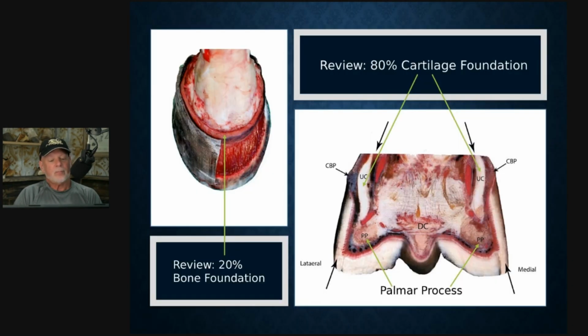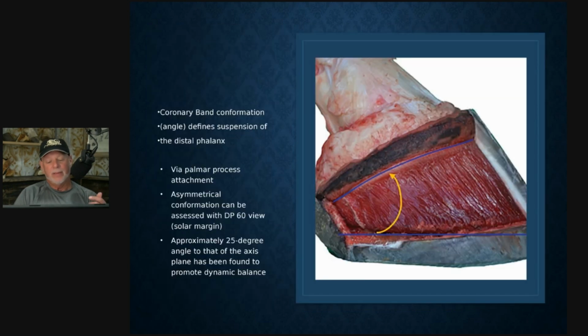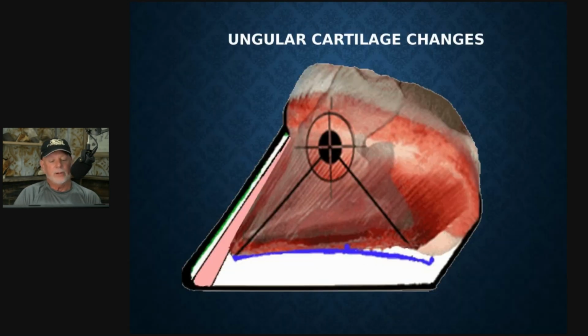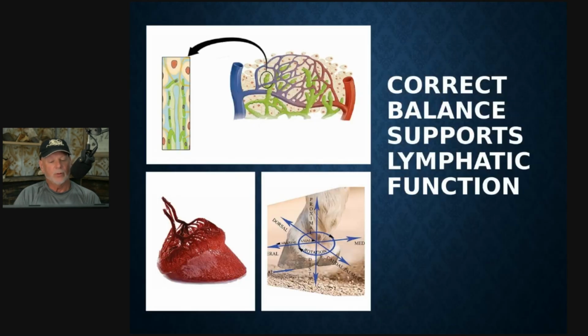Okay, that's about all I want to go over here. We're going to talk about some other things as we go along, but correct balance is important to supporting lymphatic function and circulation. You can just imagine, at the top of that hoof capsule, as those heels move, the tensions and pressures all act on that vascular bed.